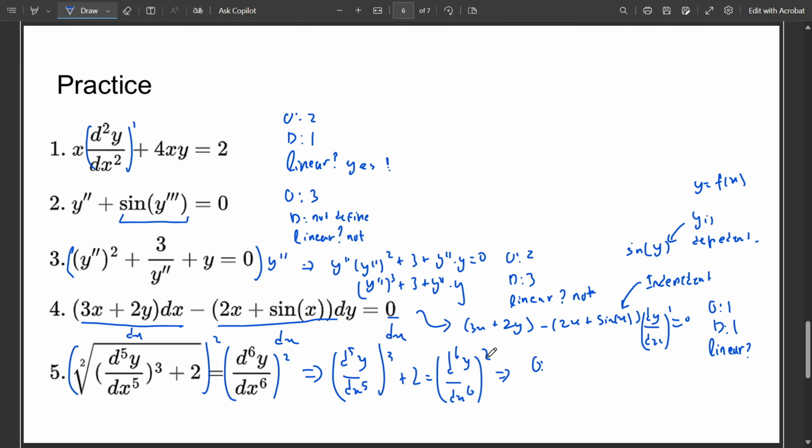The highest derivative is the 6th derivative. So order is 6. And what's the degree? The degree is the power of the highest derivative, so it's 2. And is it linear? No, because the power is greater than 1. So it's non-linear.